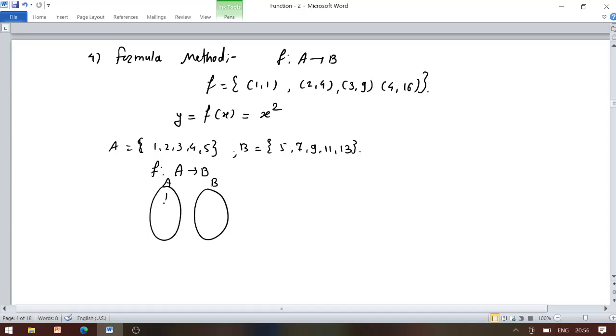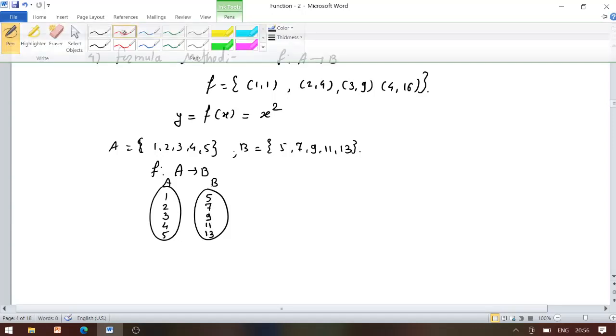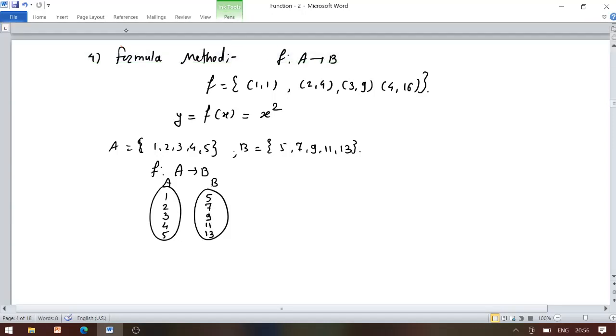The elements in set A are 1, 2, 3, 4, 5, while elements in set B are 5, 7, 9, 11, 13. Using the arrow diagram, 1 is related to 5, 2 is related to 7, 3 is related to 9, 4 is related to 11, 5 is related to 13.